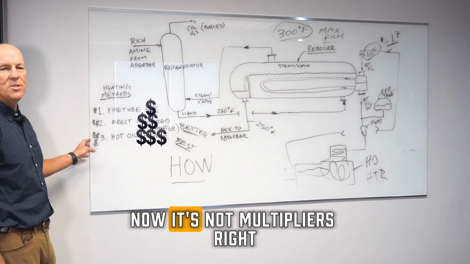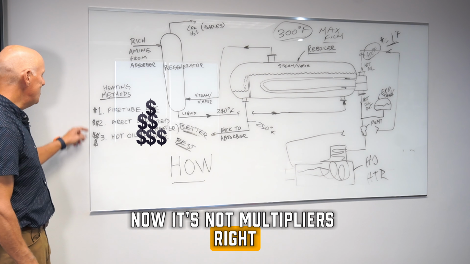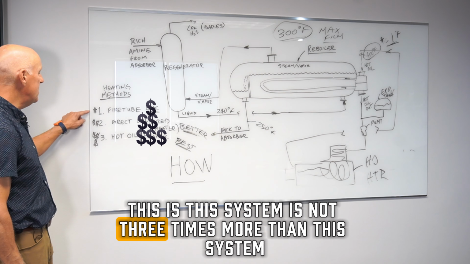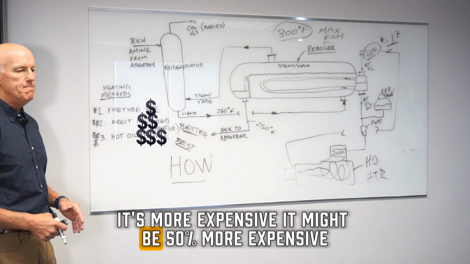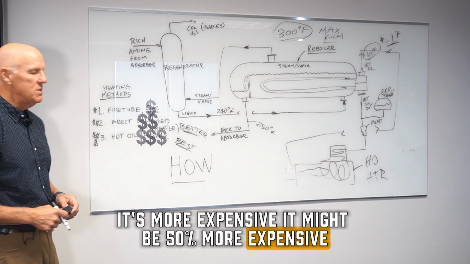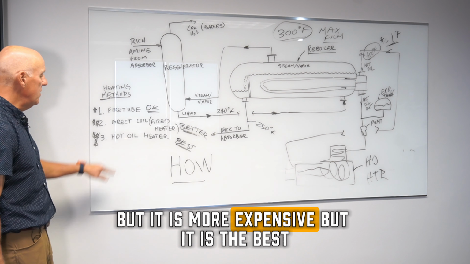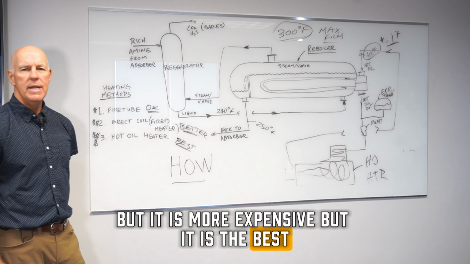Now, it's not multipliers, right? This system is not 3 times more than this system. It might be 50% more expensive, but it is the best and is what we would recommend in midstream service for an amine plant.